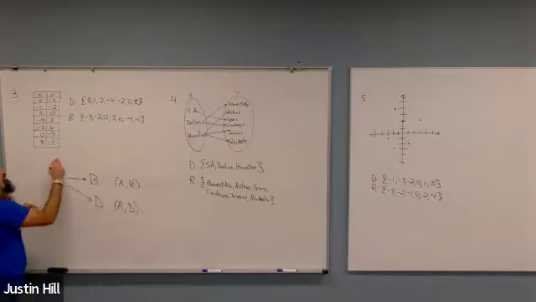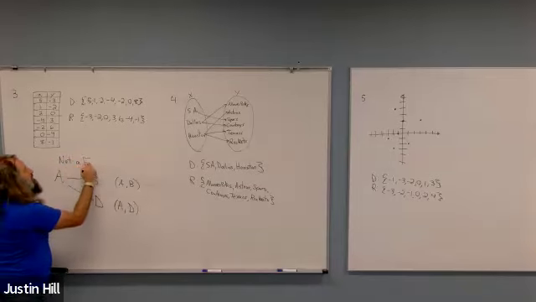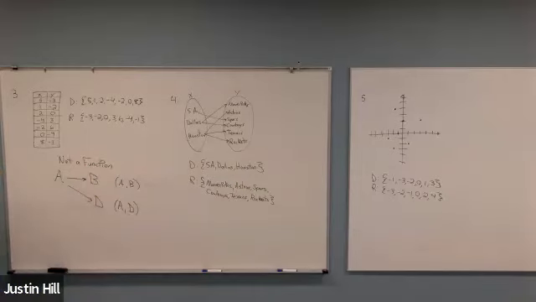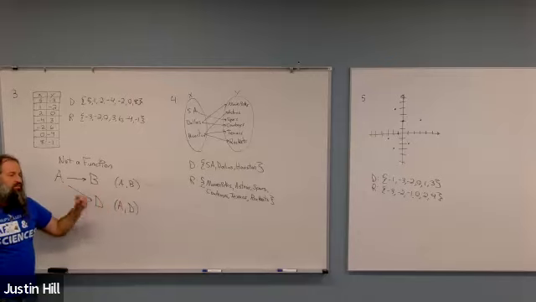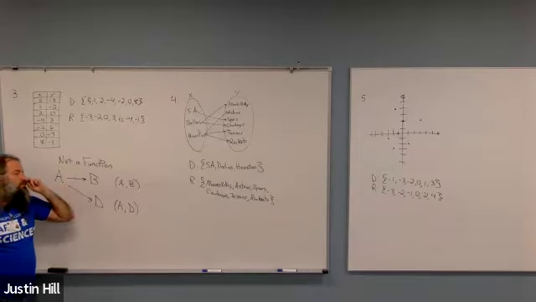In mathematics, we say this is not a function. A function is where one cause doesn't give you two different effects. The tell is that you have repeated x values. If you see repeated x values, that means the same input is giving you two different outputs, and so that is not a function.